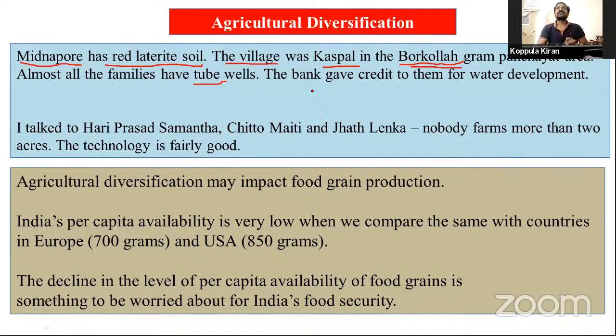Anyhow, they used that and they developed. They make more and more money with these crops, because we are using cultivation, particularly of food grains, that is paddy and wheat. But in this village, they were not using paddy.